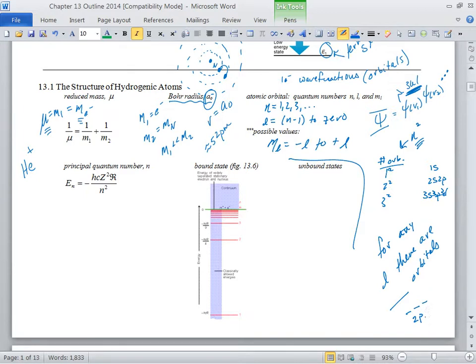Well, that's for l equals 1. It always works out this way: 2l plus 1. It's the number of different m sub l values. That was the number of different orbitals that you had for any given l. For l equals 2, you'd have 5. So that means in the d subshell, you're going to be drawing 5 orbitals. Okay.